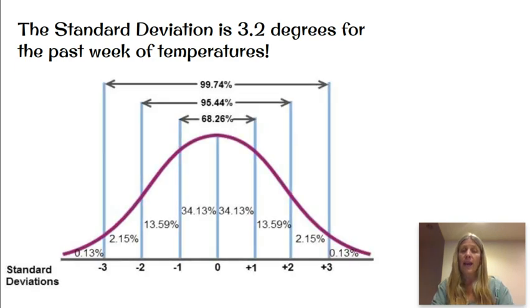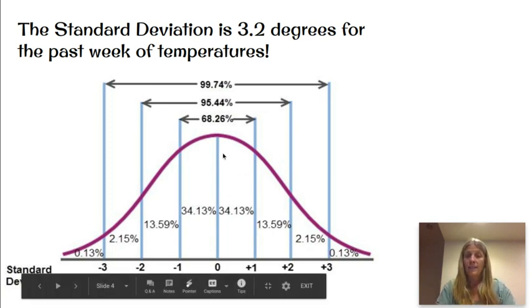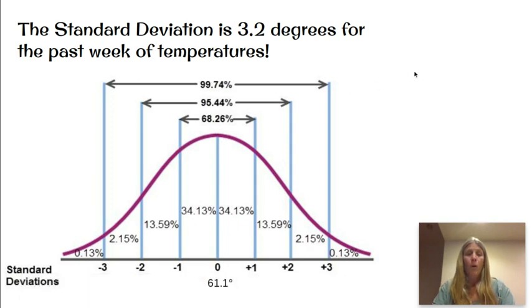Now, when we look at our standard deviation table, what does that tell us? That tells us that our mean is right here in the middle at 0, at 61.1 degrees. We're then going to move out -1 standard deviation and +1 standard deviation to get temperatures between 57.9 and 64.3. That means 68.26% of our temperatures that week are in between these two.